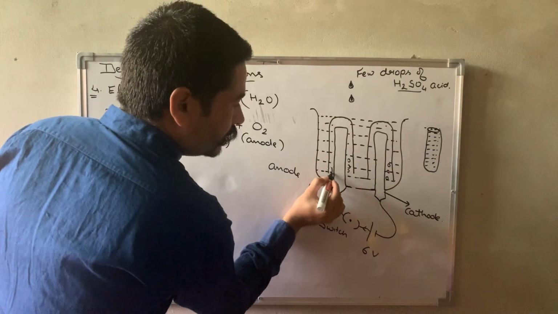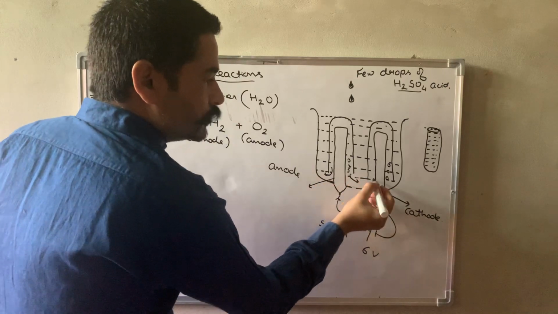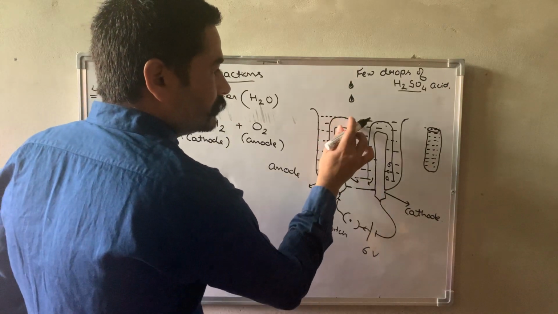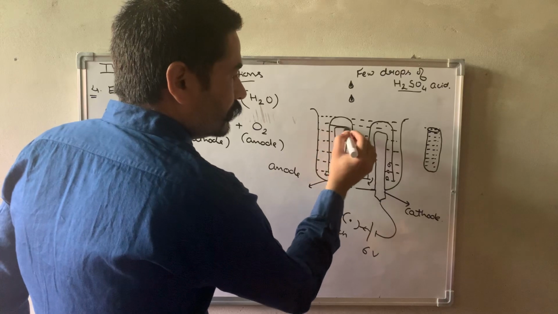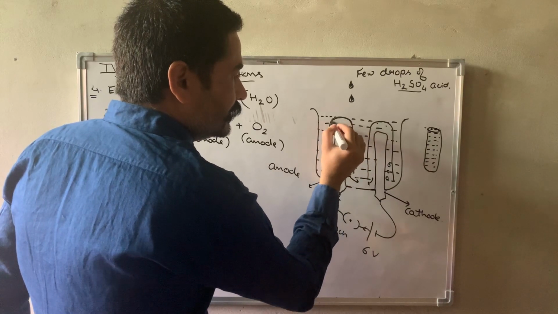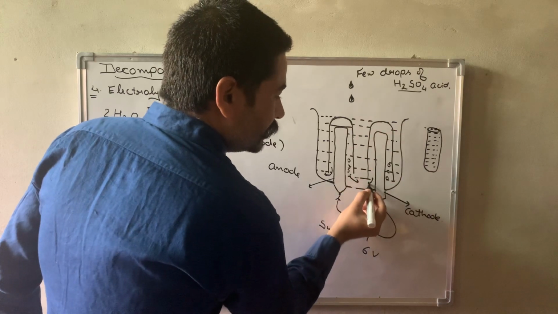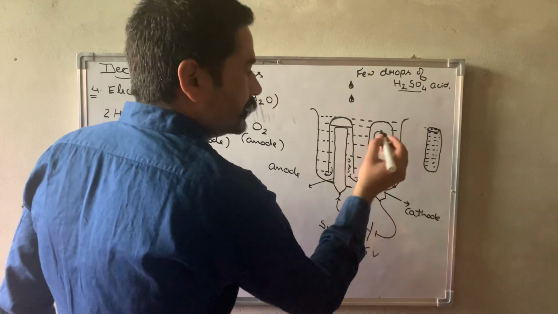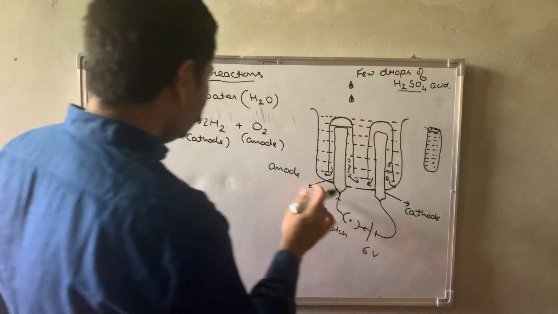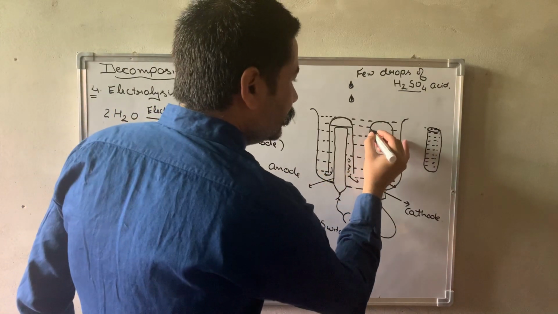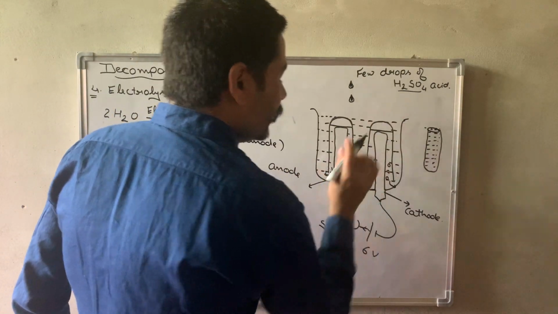Water will flow out of these test tubes, and here gas will get trapped. In the same way, by the displacement process, water will move out of the test tube, and this is the anode, oxygen gas, and you will see that gas is trapped over here.